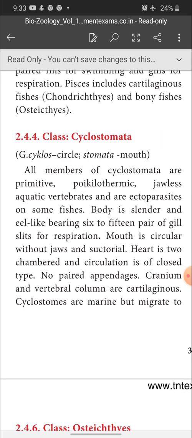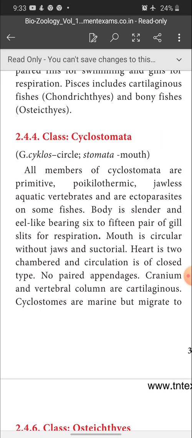Class Cyclostomata. All members of Cyclostomata are primitive, jawless, aquatic vertebrates and are ectoparasites on some fishes. Body is slender and eel-like, bearing 6 to 15 pairs of gill slits for respiration.